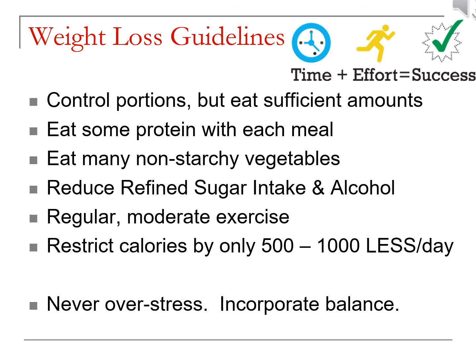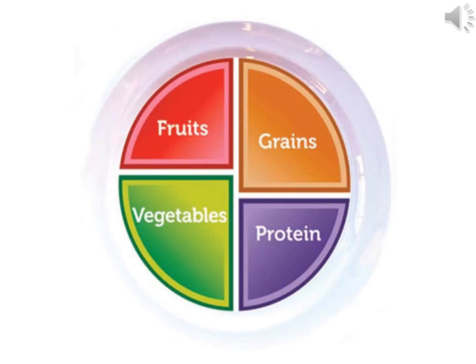But being very specific with numbers and very particular about things while you're going about weight loss is not necessarily beneficial, because you don't want to overstress. You want to incorporate balance, and in doing so, that will allow you to make your practices and your weight loss sustainable so you keep it off once you actually lose it.